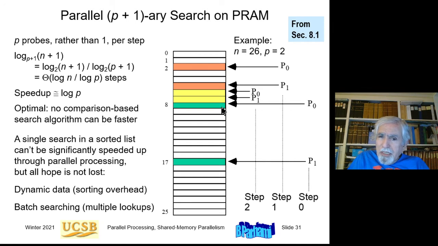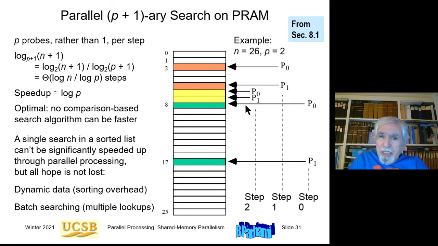P0 determines that the element we are looking for is smaller than this element, comes before in the sorted list, in which case we have divided the search space into 1/3. P1 determines that the element we are looking for comes after this probed element. Again, we have divided the search space into 1/3 its original size.